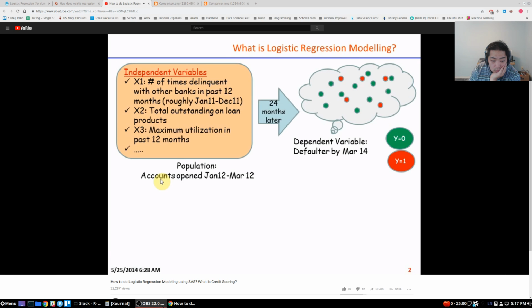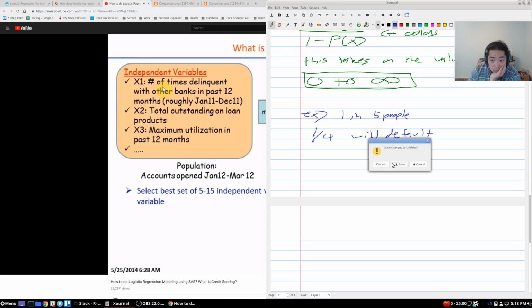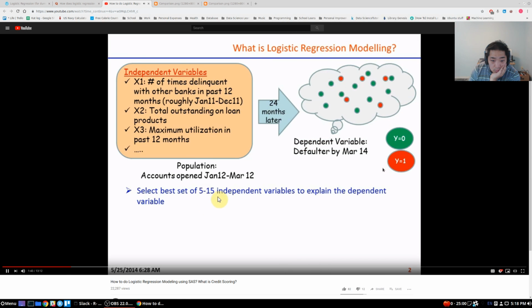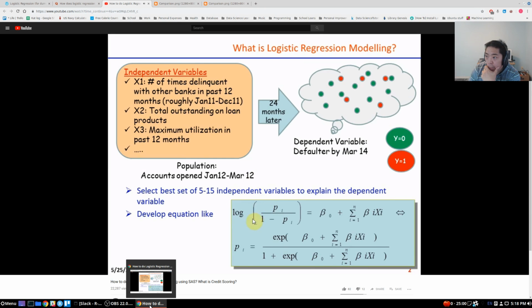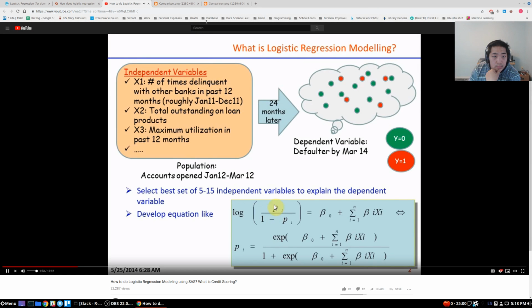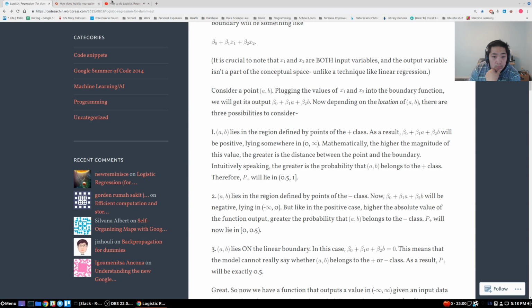Now what is logistic regression modeling? In reality, it is all about selecting the best 5 to 15 independent variables from a huge list of variables, and then developing an equation like this, where you are taking the log of probability of 1 divided by 1 minus probability of 1, which means probability of 0.